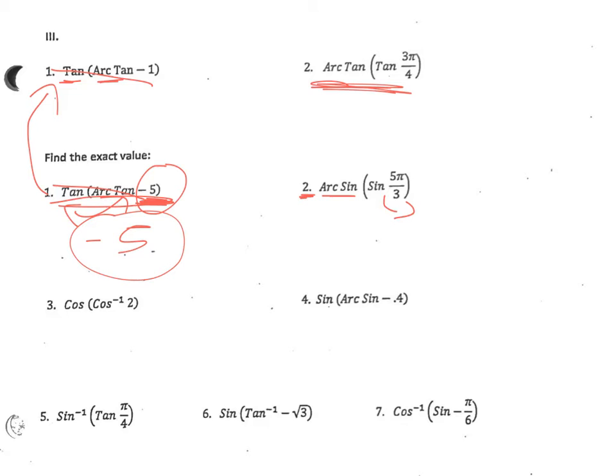So let's put that in there, -√3 over 2. And you're going to take the arcsine of it. All right, so this is going to be one where it's not going to cancel out. Really, because this 5 pi over 3 is not in the range, remember for arcsine, the range is -pi over 2 to pi over 2.